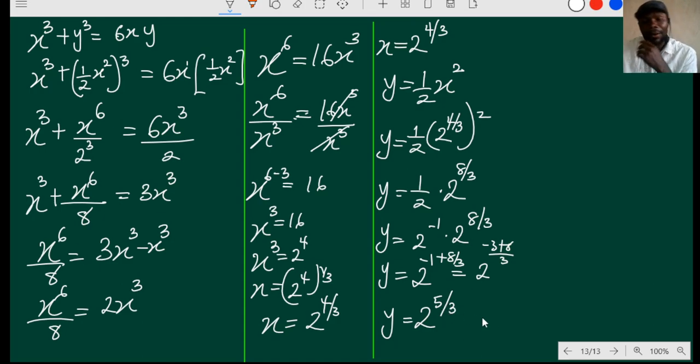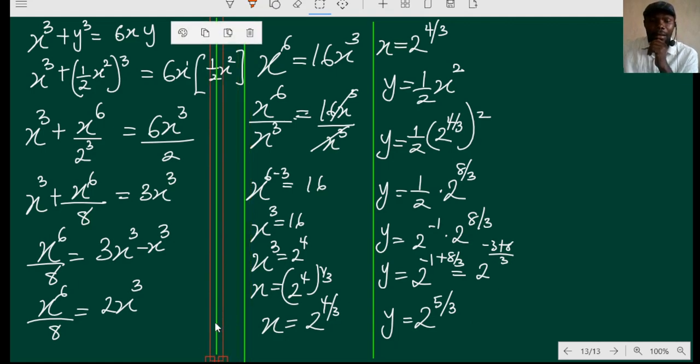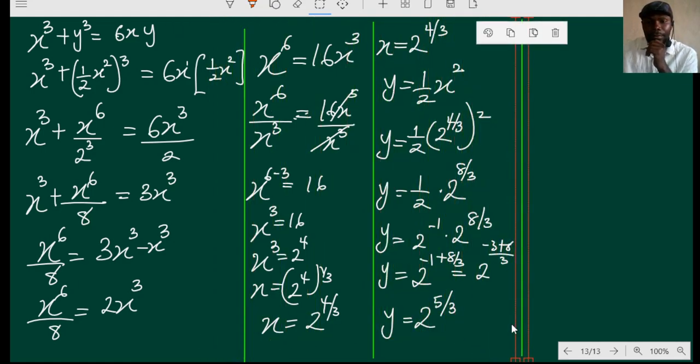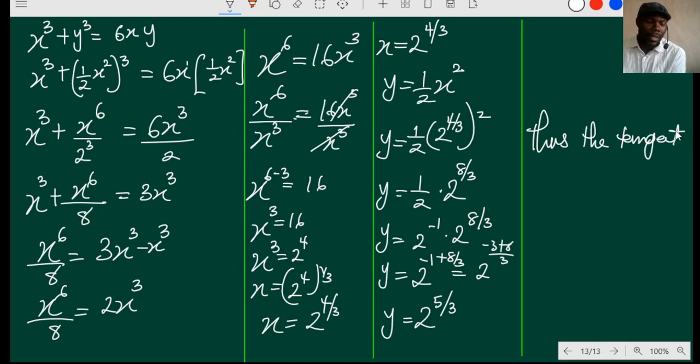So now, from the analogy, the final answer here gives us that the tangent is horizontal at this point.